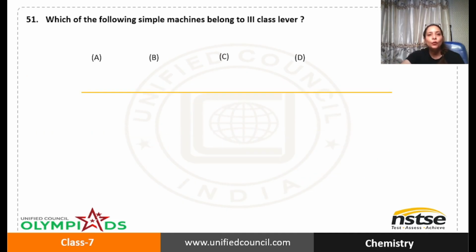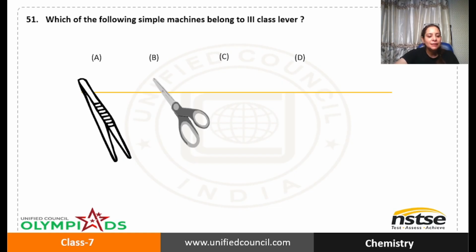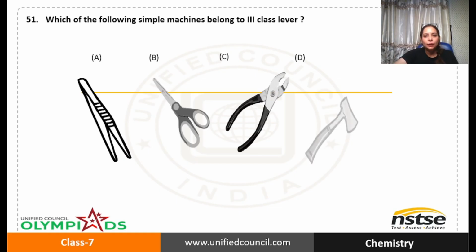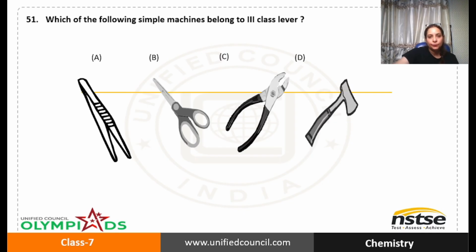Next, which of the following simple machines belong to third class lever? And here we have options A, B, C and D. Okay. So now let me introduce you to different classes of lever.